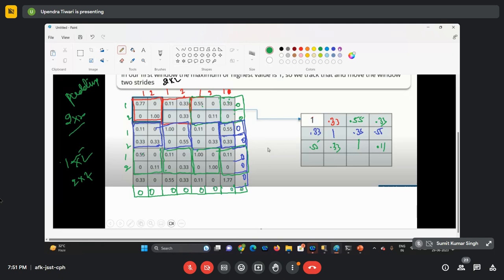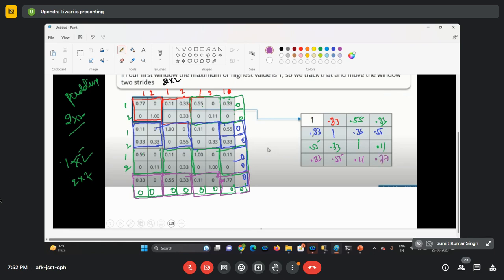Now if I take the first window, what is the maximum value? We have 0.33. Now we take this window, so we have 0.55. This is 0.11, and it is not 1.77, it is 0.77. So we got here 0.77.